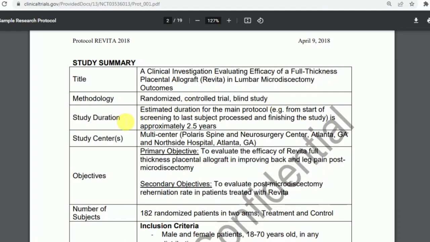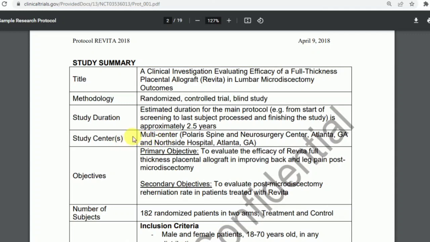Study duration is another content. The estimated study duration tells us the duration of that clinical trial, for how long the trial will be conducted. Study centers, the sites specifically: in which sites, whether it is multi-center, like global, or it will be conducted in India.